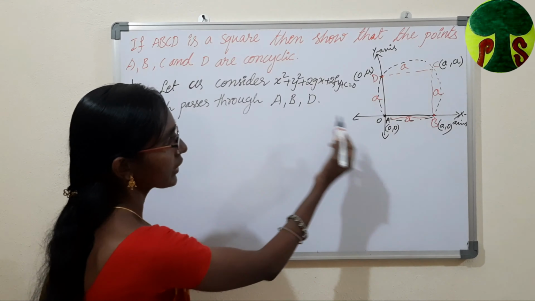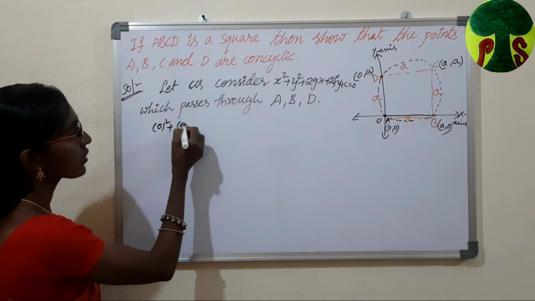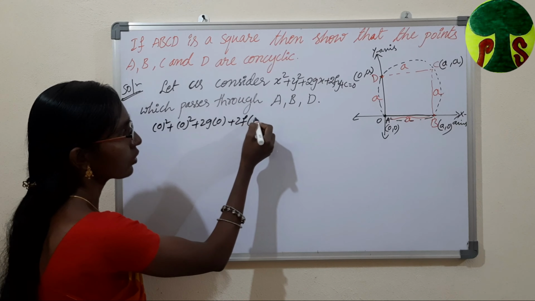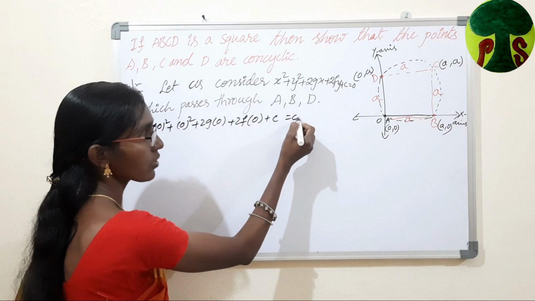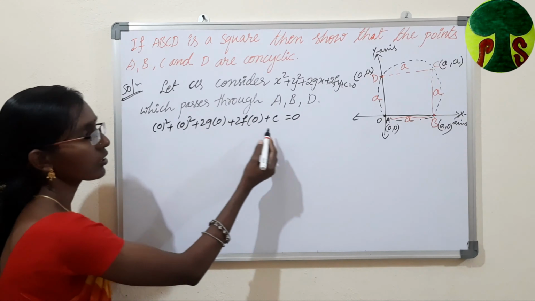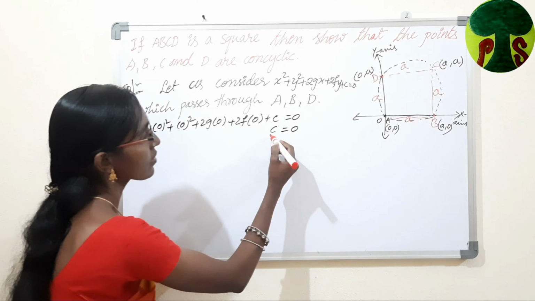What are the coordinates of A? A is 0, 0. Substitute there: 0 square plus 0 square plus 2g into 0 plus 2f into 0 plus c equals 0. Here, except c, all remaining terms are zeros. So we get c as 0.